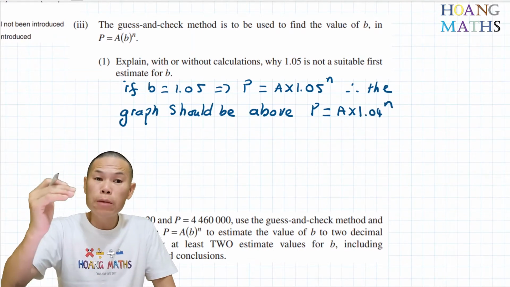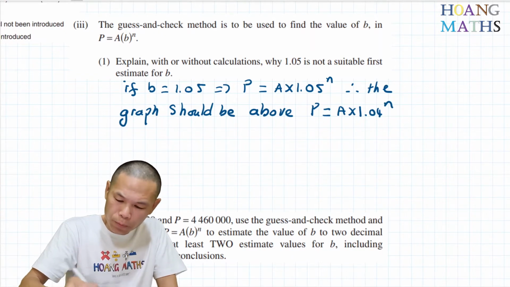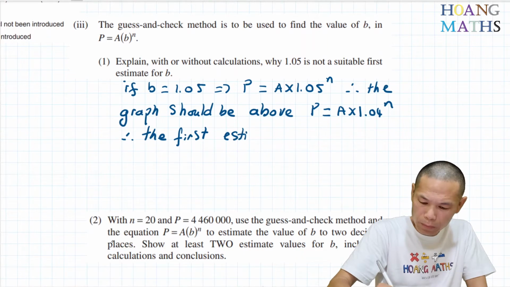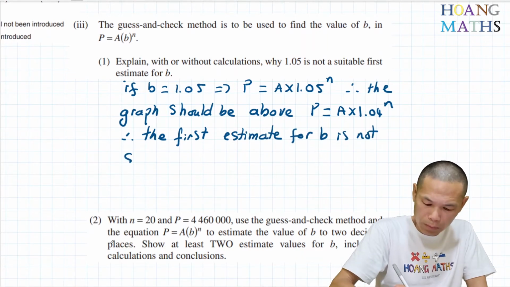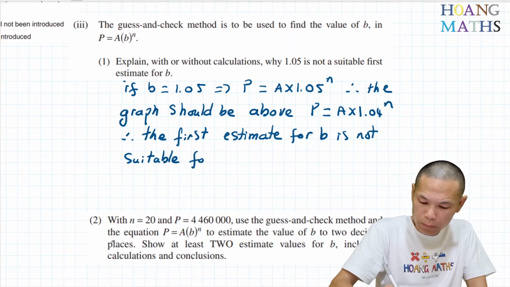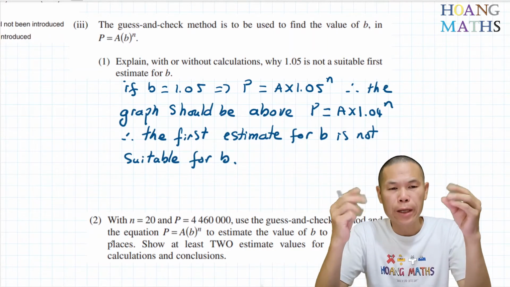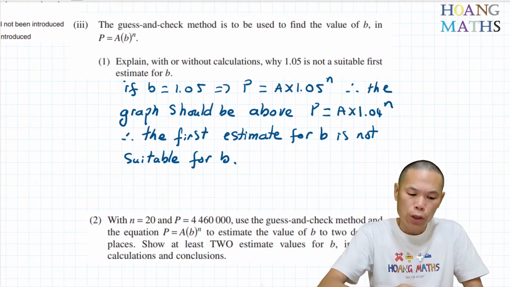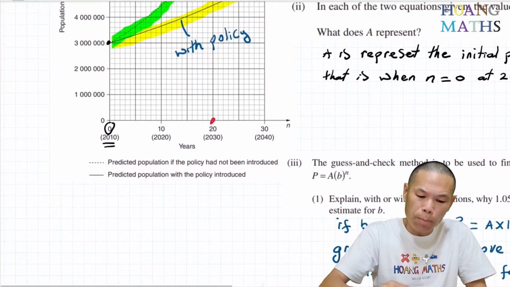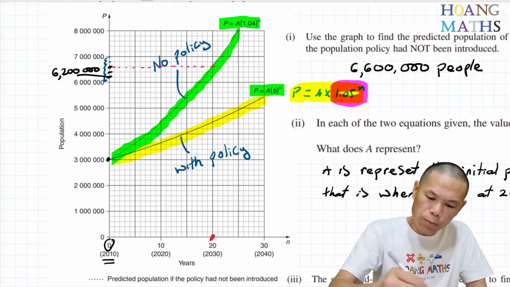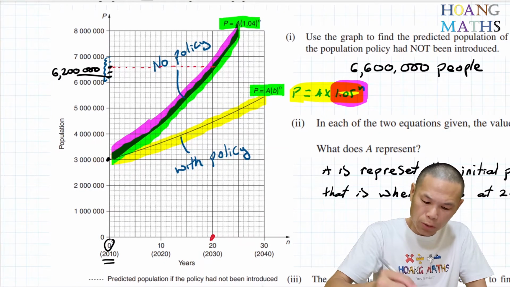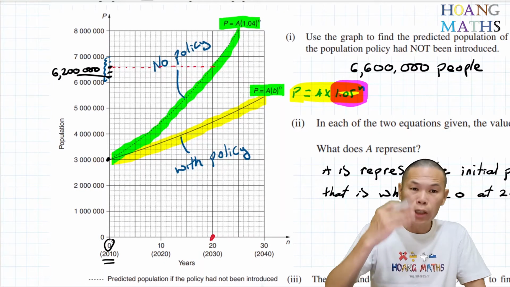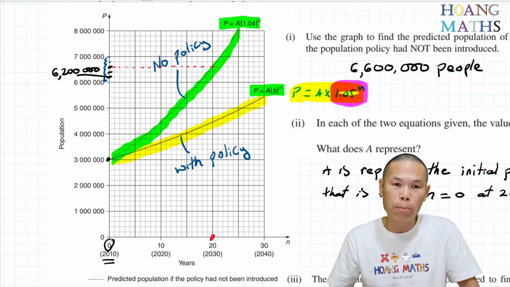But it's actually below. So there you go. Okay, so keep that in mind. 1.05 is greater than 1.04. So if b equals 1.05, it should be above this graph, not below. So therefore, the estimation 1.05 is not suitable for b.